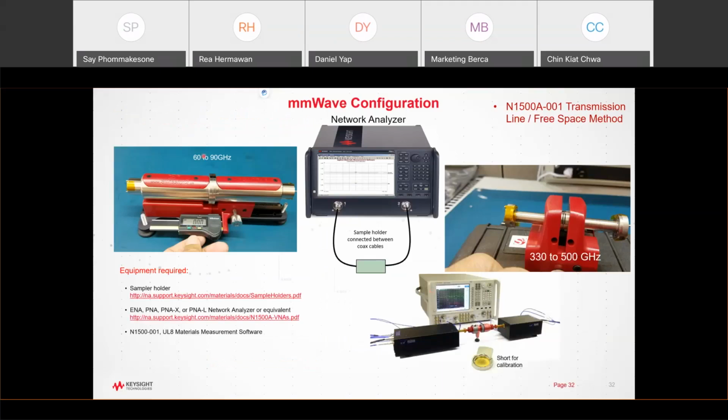In this case, this fixture, 60 to 90 gigahertz, fits well into automotive radar applications. To load the sample, you basically open up this here and slide the sample in. This fixture here is 300 to 500 gigahertz. Okay, this is really high frequency, so in your case, you may not use as high a frequency.